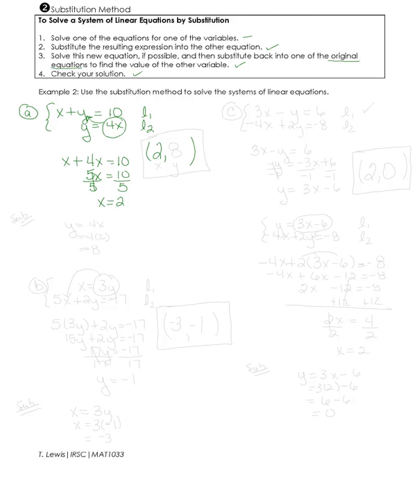To make it somewhat simple for us, I'm going to substitute 2 back into the second equation, since our goal is to find y. Y is by itself. So we have y is equal to 4 times 2. That gives us 8. So our solution is (2, 8).